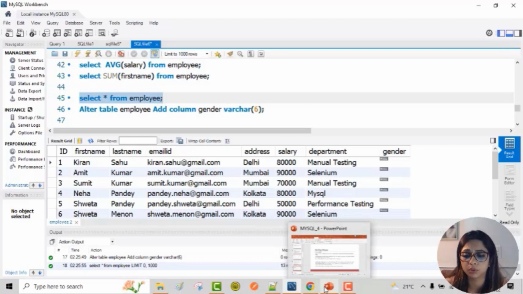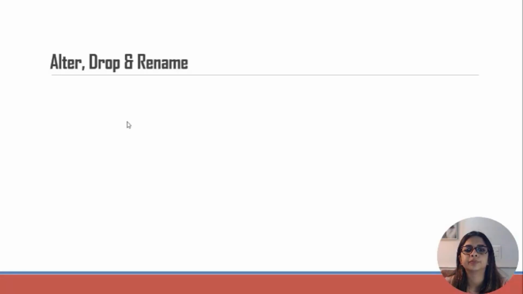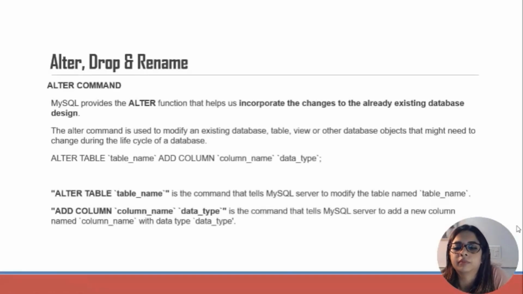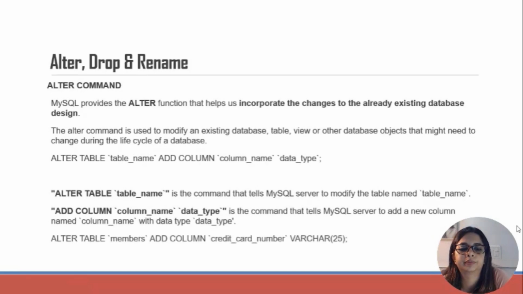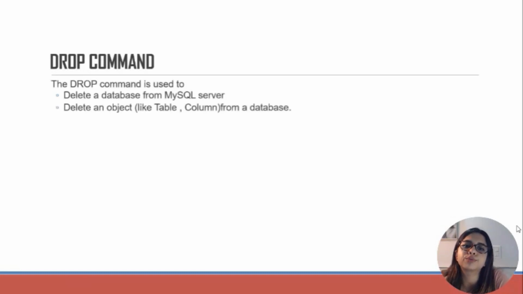Anyways, we have seen how to add a column. We can also remove it. Removing will be done using the drop command. The drop command is used to delete a database from the MySQL server, or delete an object like a table or column from the database, right?